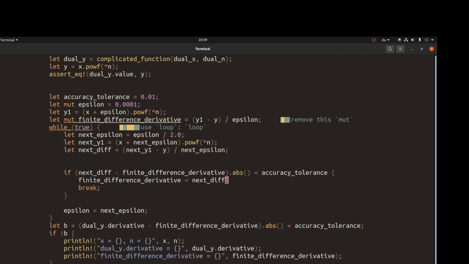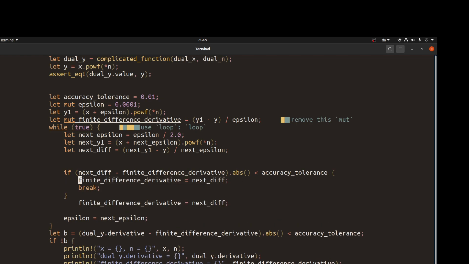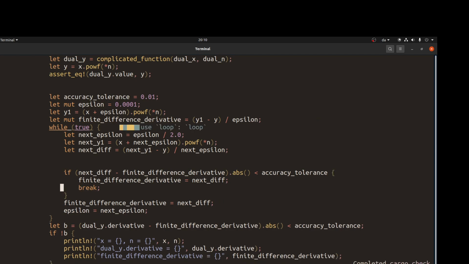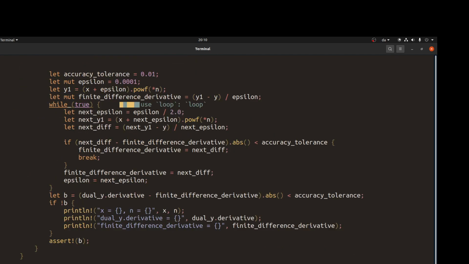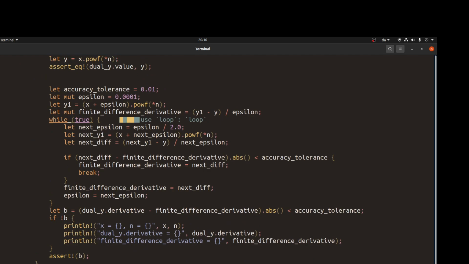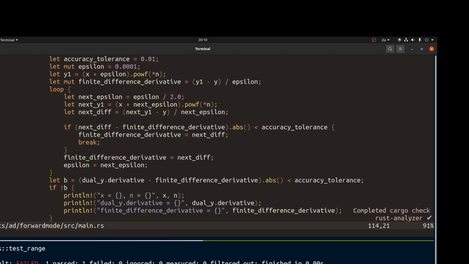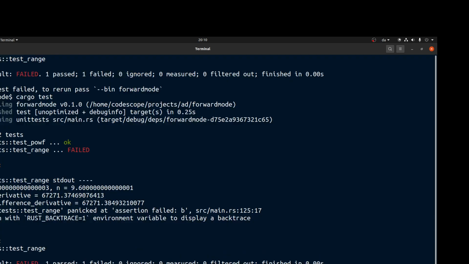And I think here we can say this, and we can say it down here as well. So now we basically iterate a couple of times to make sure that the finite difference thing has converged, but apparently that was not enough.